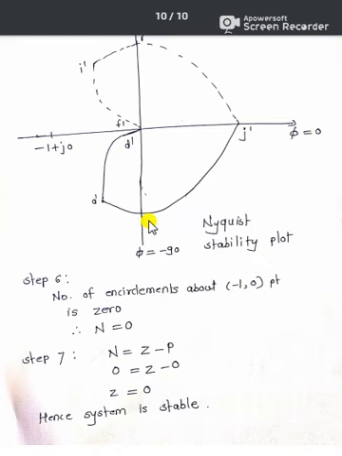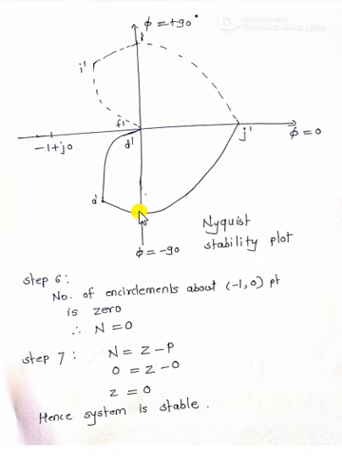And for point A, magnitude is again infinity and angle is minus 90. So by joining all these points, that is A dash D dash F dash I dash and J dash, we get this as a Nyquist stability plot, and this point is our minus 1 plus j 0.